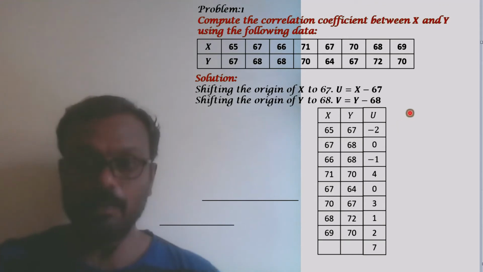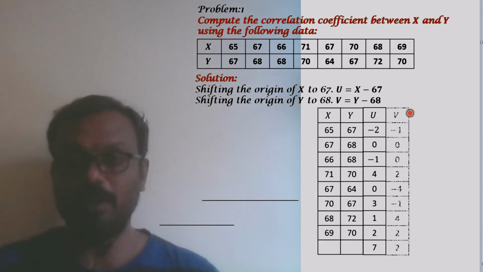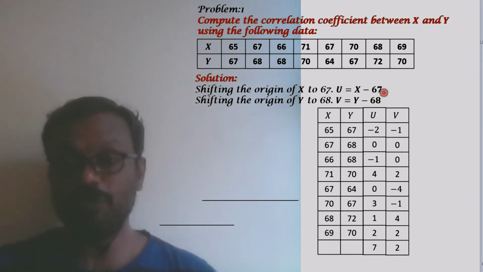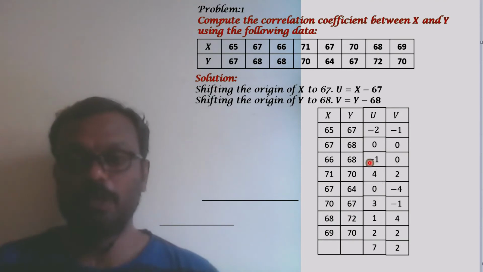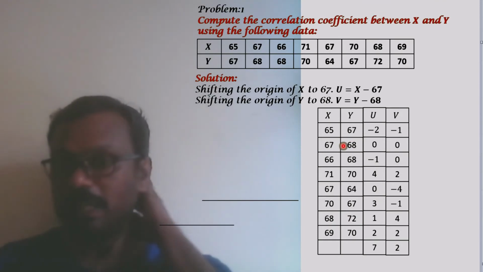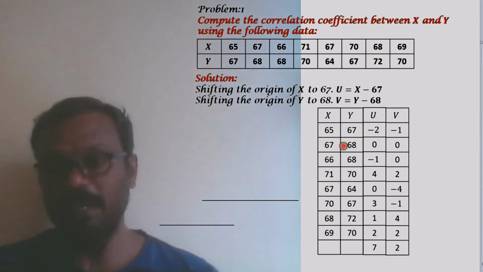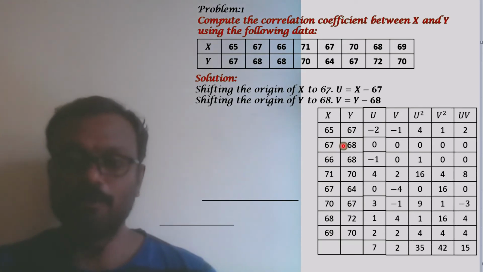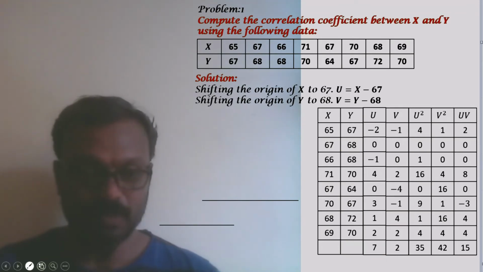Then we find the v column, where we subtract 68 from each of the y values. So 67 minus 68, 68 minus 68, likewise we compute for all other values. In the formula for the correlation coefficient, we need u squared, v squared and uv, so we have also computed those columns and got the totals. The last row is nothing but the total.